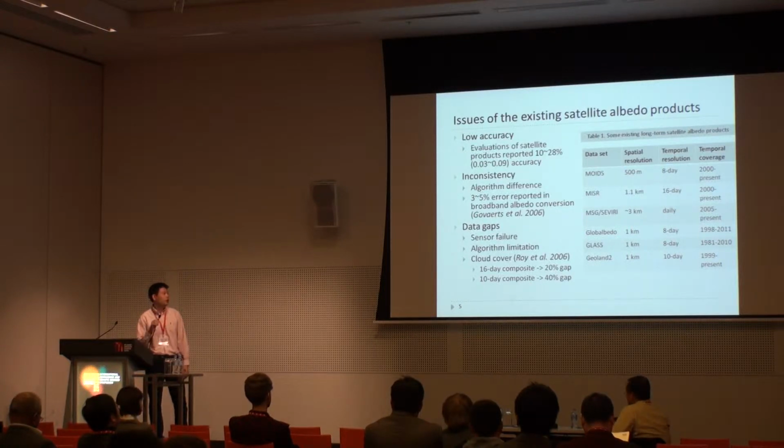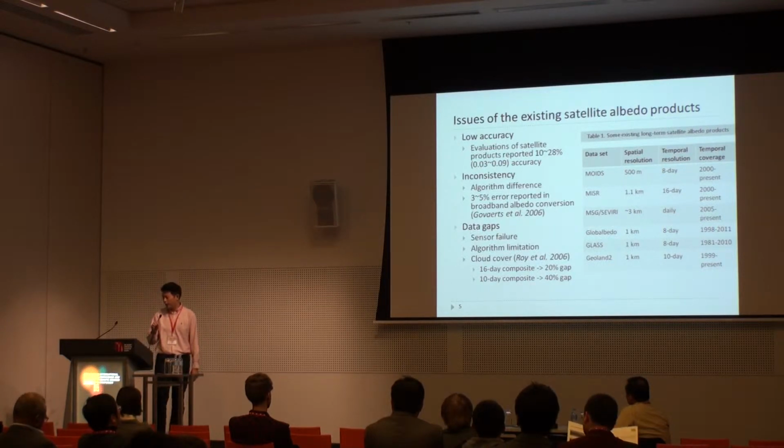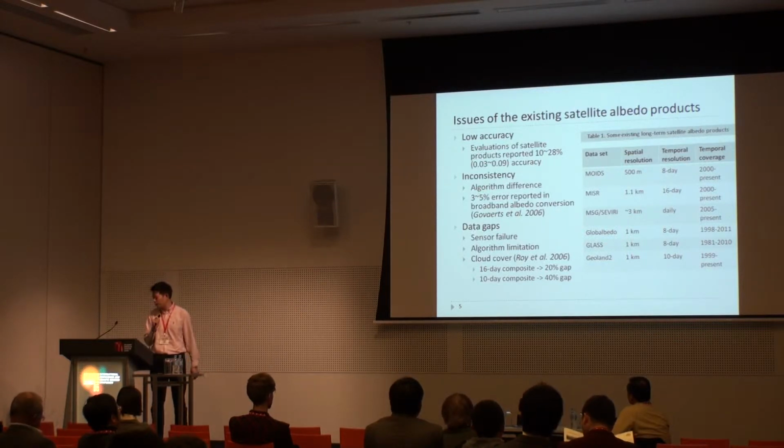People find like 10 to 28%, that equals to like 0.03 to 0.09 in accuracy. And inconsistency was also found between those products. They can be attributed to the algorithm difference, and some report that it's because of the band settings.